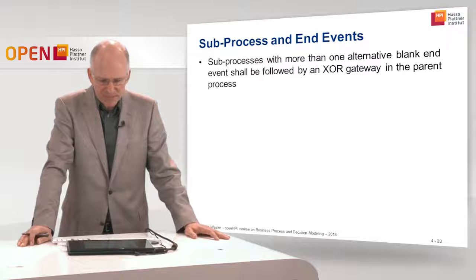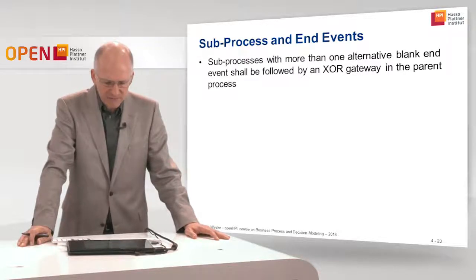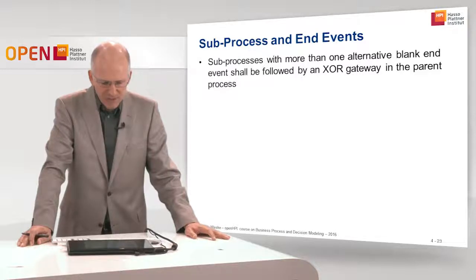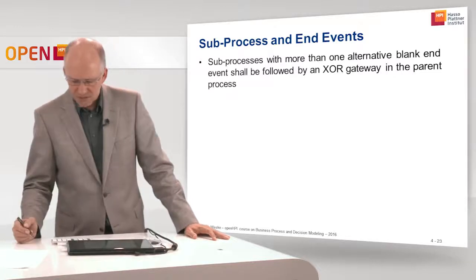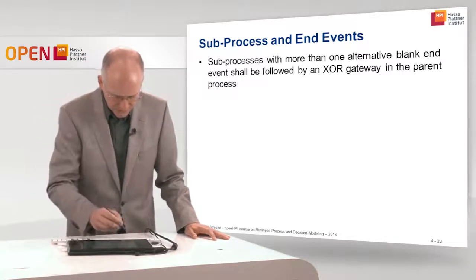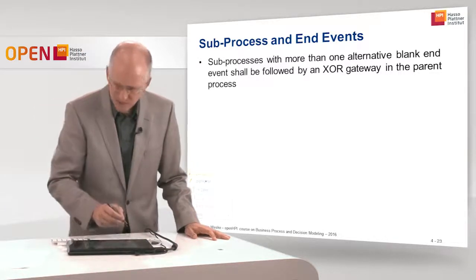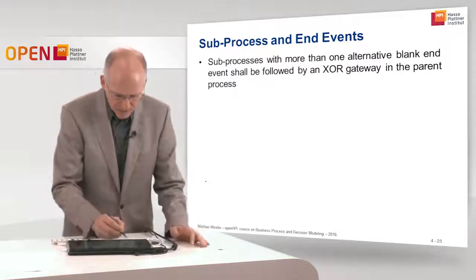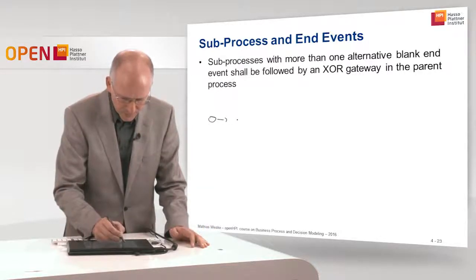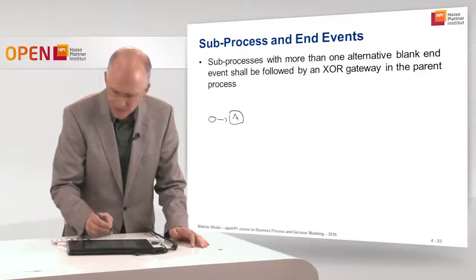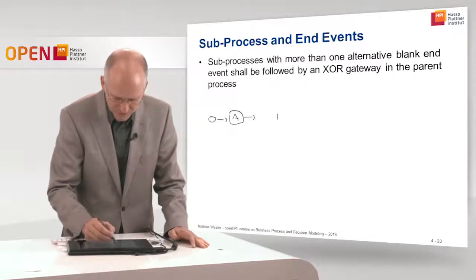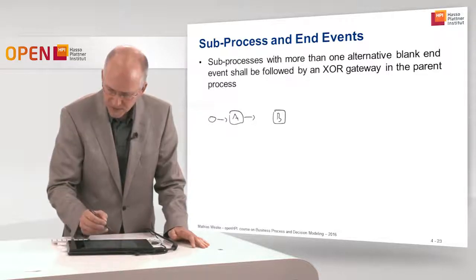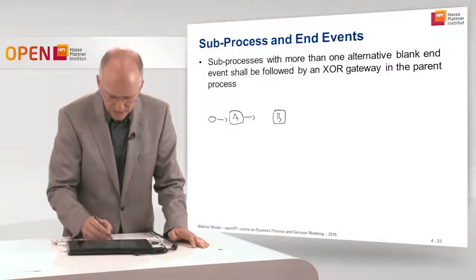So subprocesses and blank end events. Subprocesses with more than one alternative blank end event shall be followed by an XOR gateway in the parent process. So let's try to sketch that using the pen. Again, an ABC process, activity A, then we have a subprocess starting with B. I do that as an expanded subprocess.